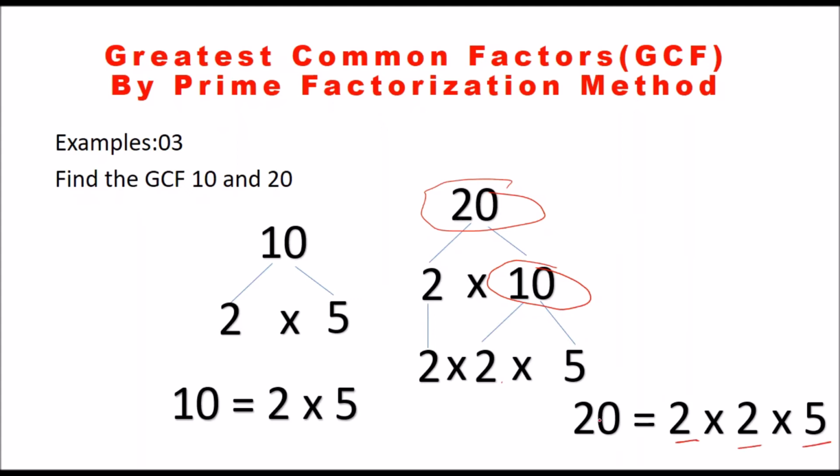After that, we take those numbers which appeared in both sides. We take only one pair. For example, here I have 2 and here I have 2, so I take only a single 2.